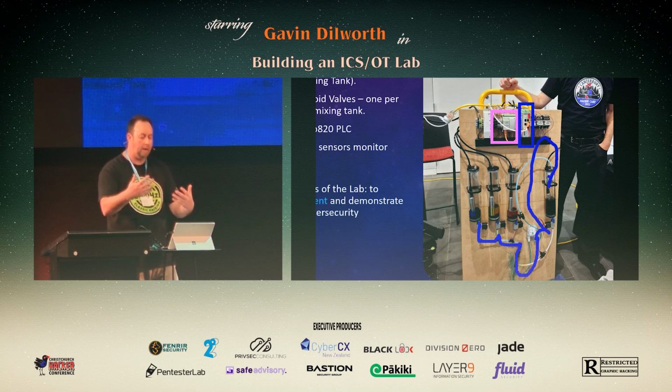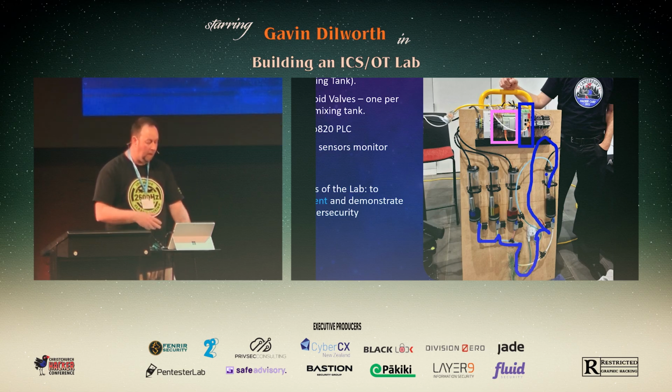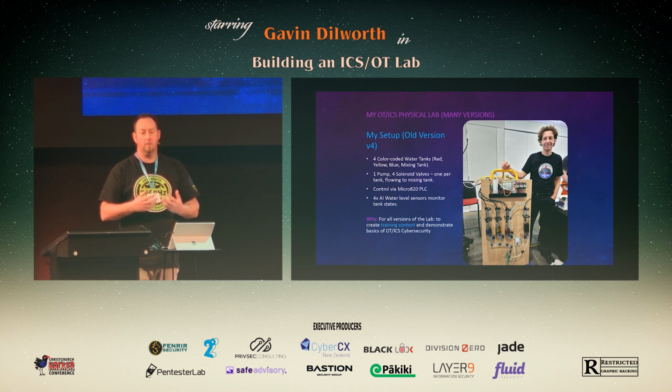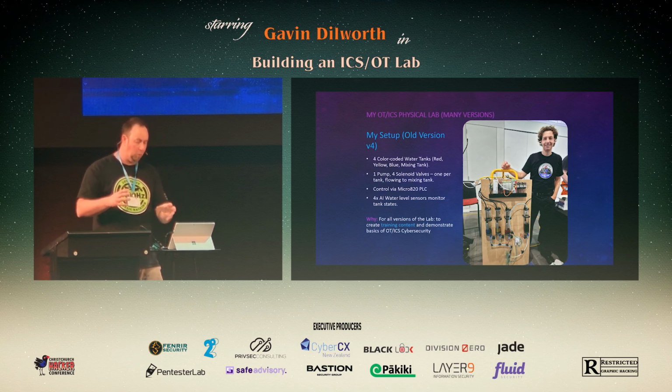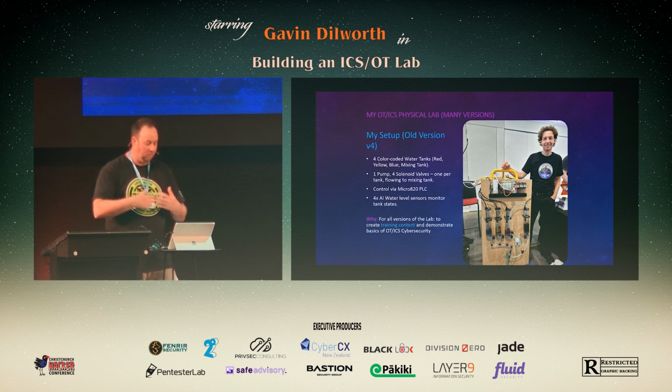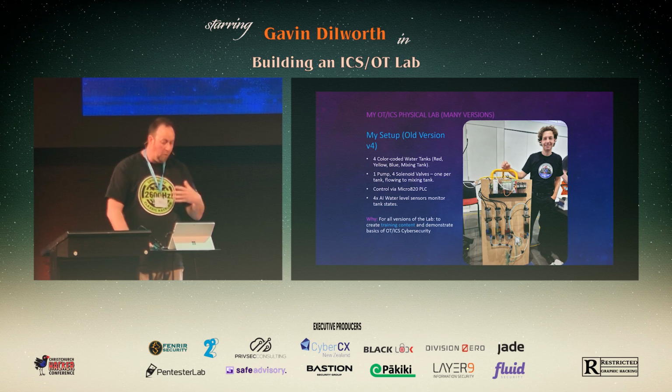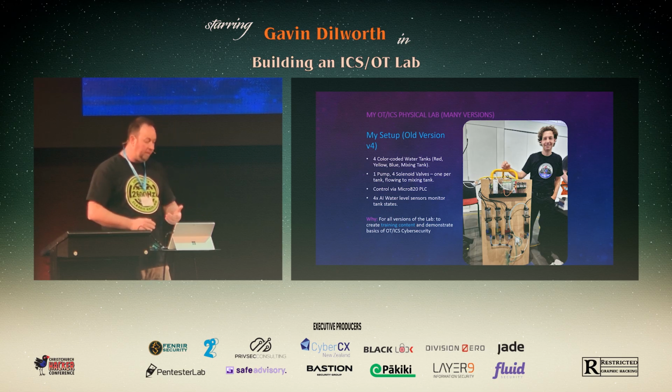So we've got 3 colors, and then we essentially mix them. The reason I went for a pumping and water tank system is that when you mess it up with water and you pump it around, you know about it. So that process upset can be demonstrated quite easily, and that's why I went this way. All in all, it's essentially 4 coloured water tanks with 1 pump and 4 valves.